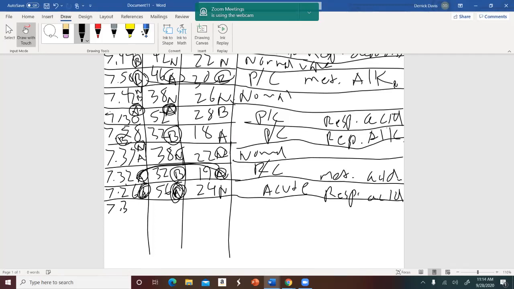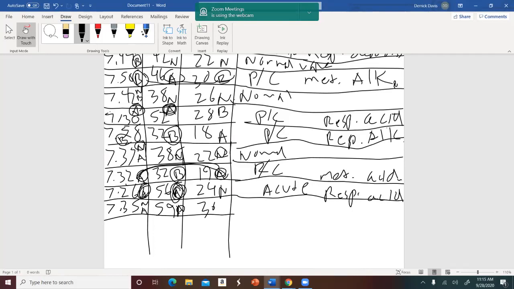7.35, 59, and 30. 7.35 is normal, but it leans towards the acidic side, so that's why I put that in there. CO2 of 59 is acidic.